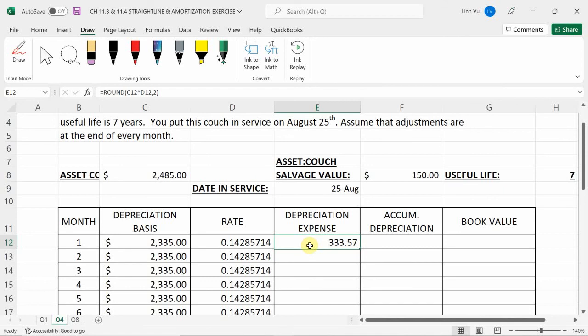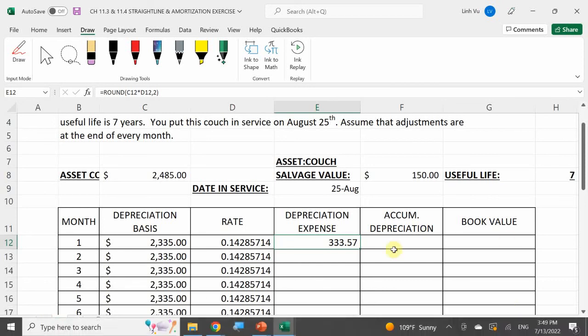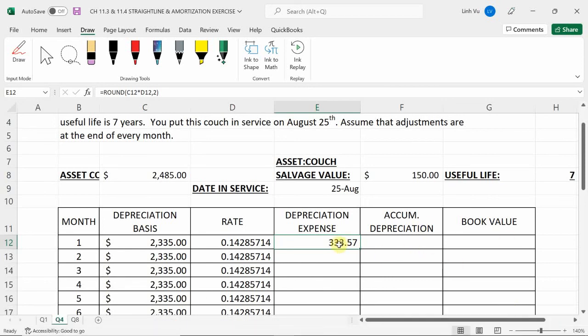So in this case, this is for one whole year. How do I get just that 1 month? You just divide by 12. I'm not looking for the whole year. I'm just looking for 1 whole month.